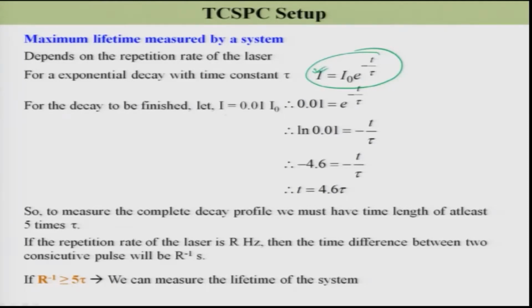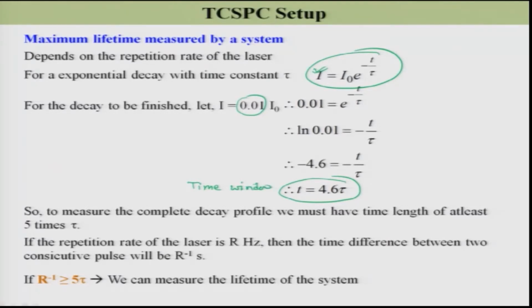But let us consider that I equals 0.01, that is just 1% of I0, which I believe is effectively 0 intensity. Then you can simply calculate t equal to 4.6 tau. That means roughly 5 times the tau if you allow this time window. So, this t right here is my time window required to measure the decay, right.